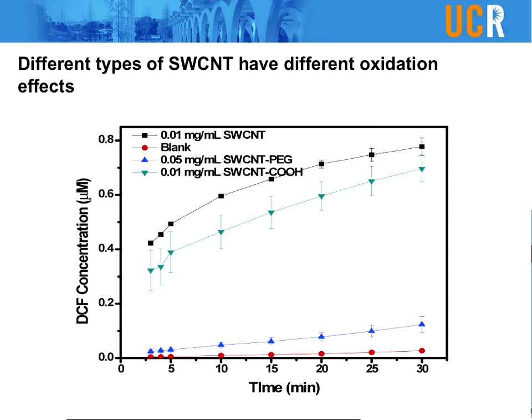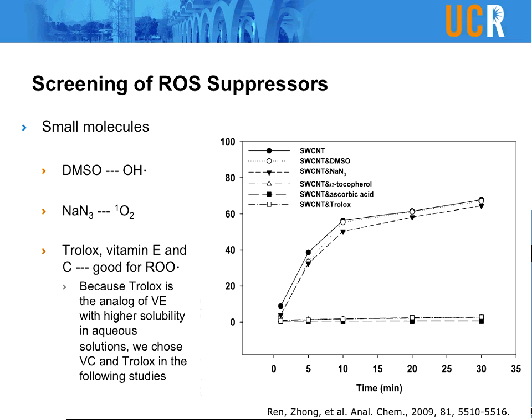So we want to know what kind of oxidation species are behind this oxidation. The first approach we took is to screen different suppressors. For example, if the oxidation was induced by hydroxyl radical, it should be quenched by DMSO, because hydroxyl radical will oxidize DMSO and generate a methyl radical, which will in turn become formaldehyde.